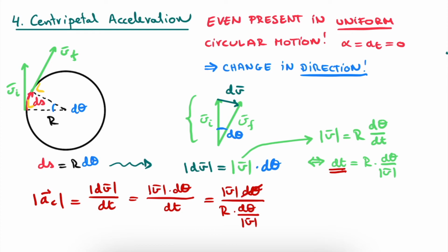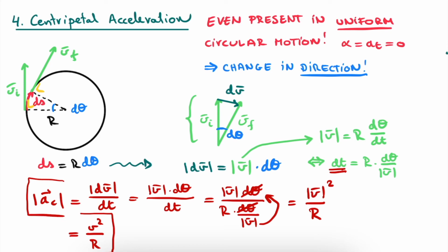We see that d theta cancels out and this v can be brought to the numerator. In this way we get the magnitude of our tangential velocity squared divided by r, the radius of our circle. And this is exactly the formula that you probably already know, that the magnitude of the centripetal acceleration is equal to the tangential velocity squared divided by the radius r.